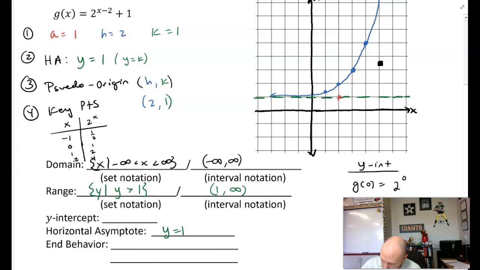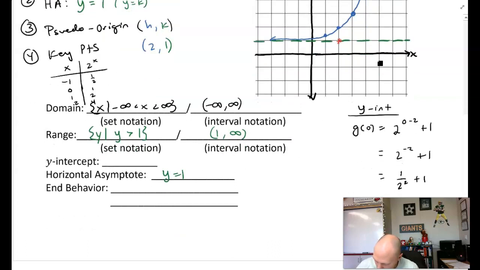So I get 2 to the power of 0 minus 2 plus 1. This gives us 2 to the negative second, which is 1 over 2 squared plus 1. And so we get 1/4 plus 1, which is going to be 1.25. So (0, 1.25). That is our intercept there.